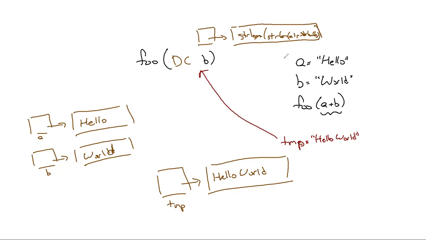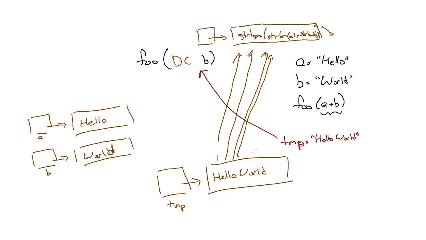That's what we do. We create the size of hello world plus the null at the end. And we just copy bit for bit, character for character. So we get the H and the E and the double L and the O, etc. We just copy until we get to the D, right? That's what a normal copy constructor would look like.